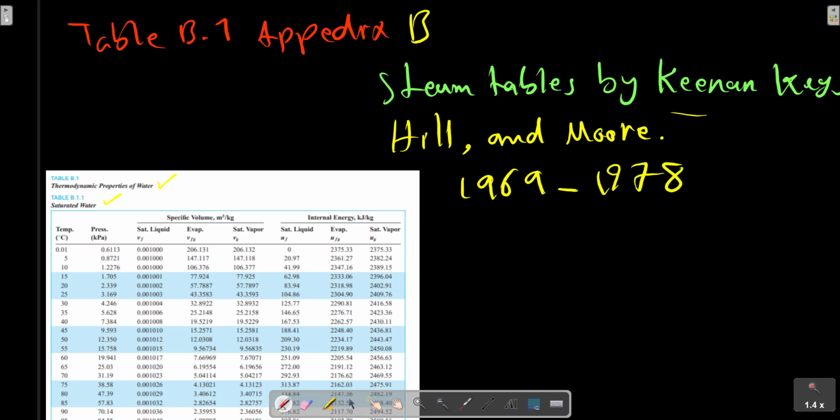We will concentrate here on the three properties already discussed in chapter 2 and the section before, namely temperature, pressure, and the specific volume.